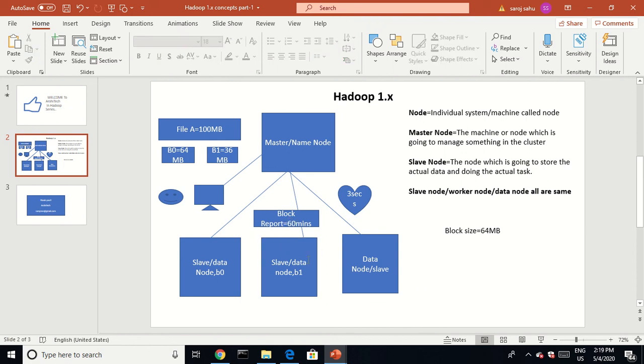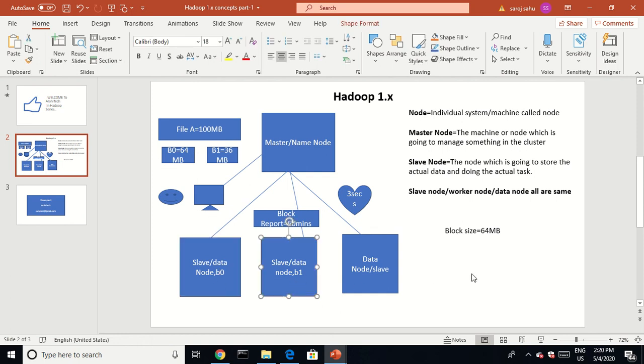Okay, it chooses. Now the file is divided into a number of blocks. So block 0, b0, comes to this one, because the master node gives guidance to the client machine saying that you can go ahead and store the data in slave 1 and slave 2, or data node 1 and data node 2. So now the things are very clear. The client has the complete information, and it is going to store block 0 in this machine and block 1 in this machine.